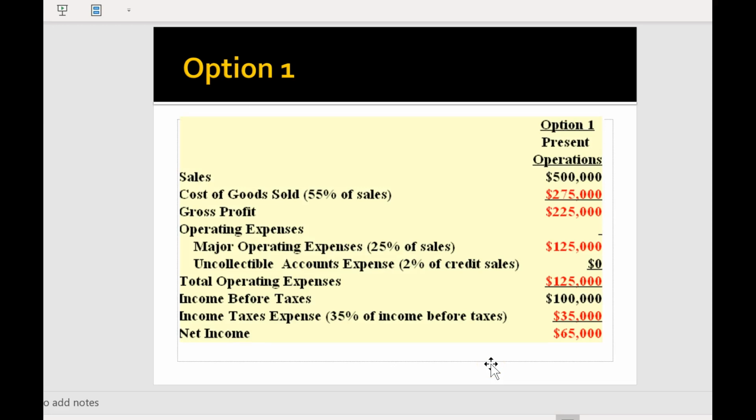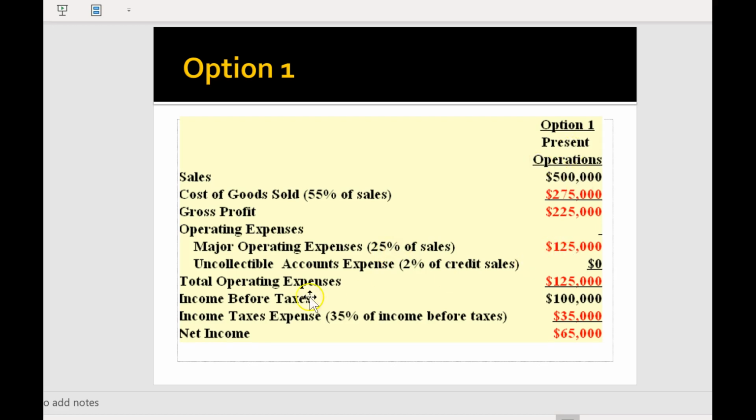So here is the solution. For option one, we sell 500,000 per year. Cost of goods sold is 55% of sales, so that's 275,000. Gross profit is 225,000 because it is 500 minus 275. Other operating expenses are 25% of sales. That's 25% of 500,000, right?